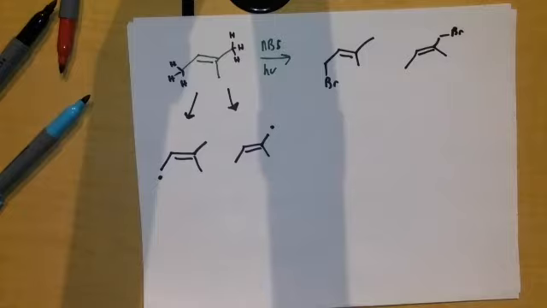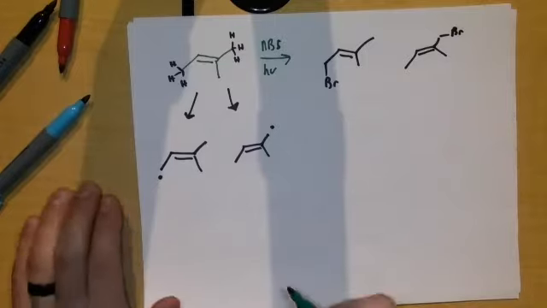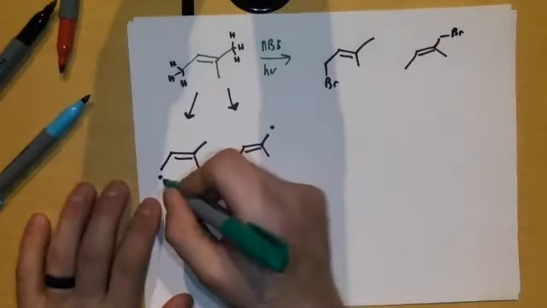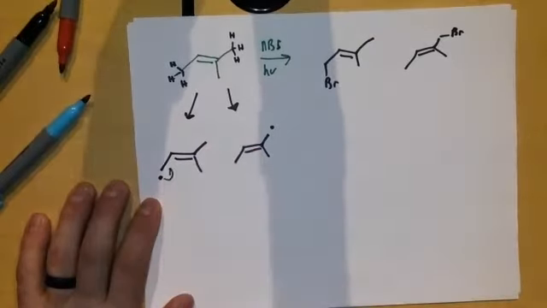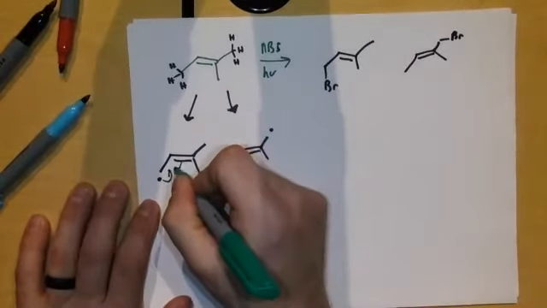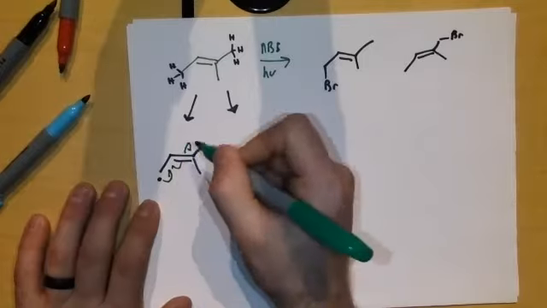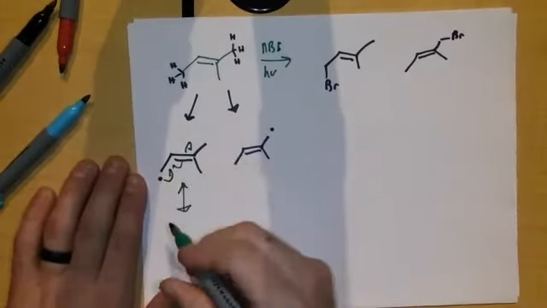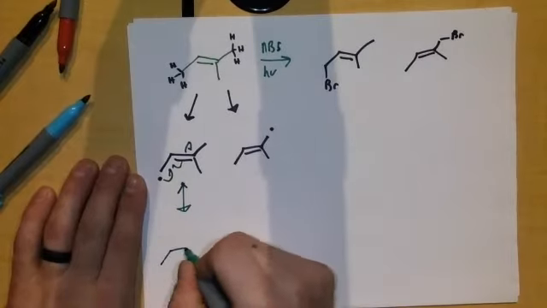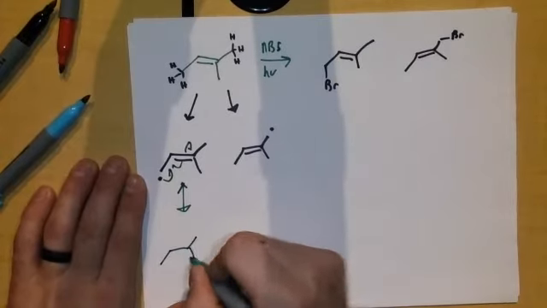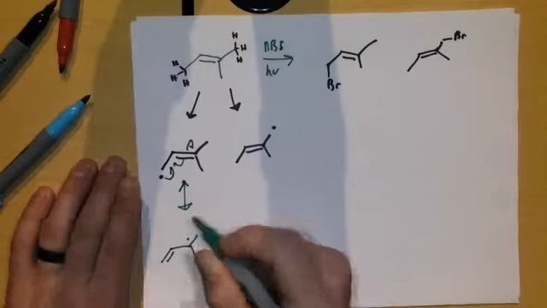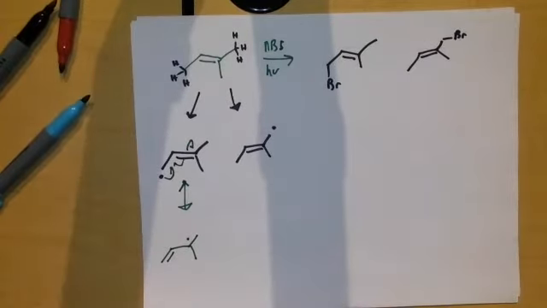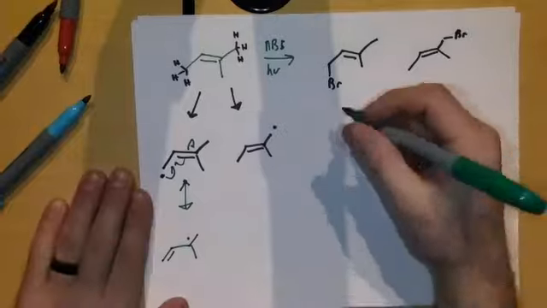So this first one on the left, if this radical comes down, forms a double bond, kicks this electron upward, you can also form this radical, which can go to a product.